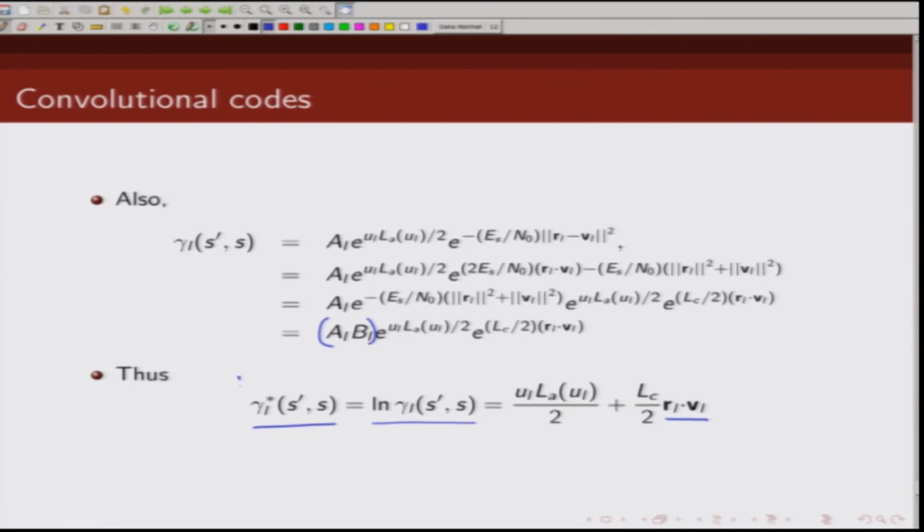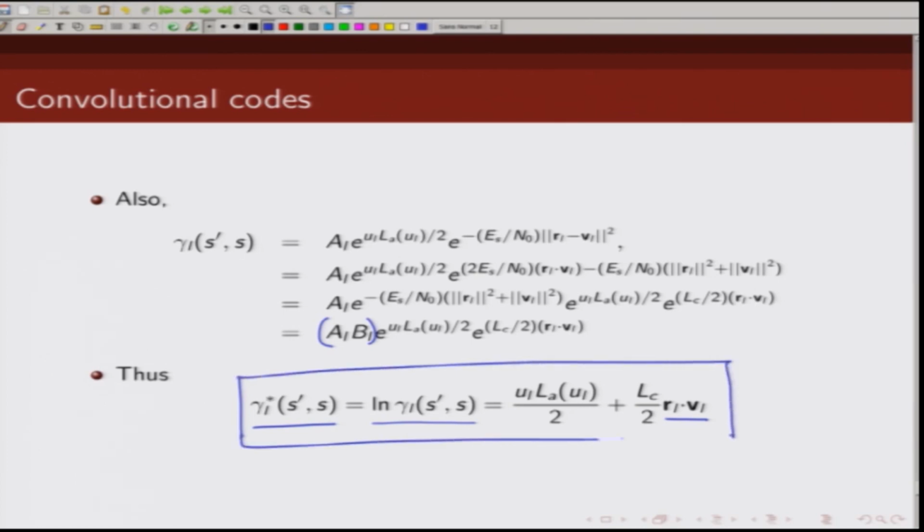So this will be our simplified expression for the branch matrix computation for the BCJR algorithm over an additive white Gaussian noise channel. Thank you.